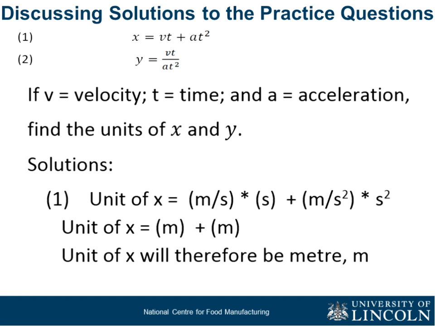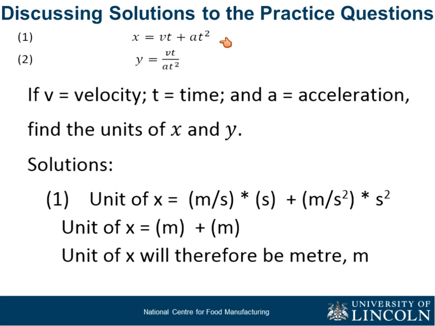Now, if you look at this equation 1, I want to find the unit of x. The very first thing you would do is to look at what components you have in x. You have vt plus at squared.